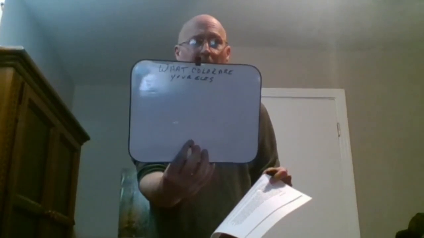I titled my bar graph, what color are your eyes? Now I'm going to set up the axis. The axis is going to give us our dependent and independent variables.